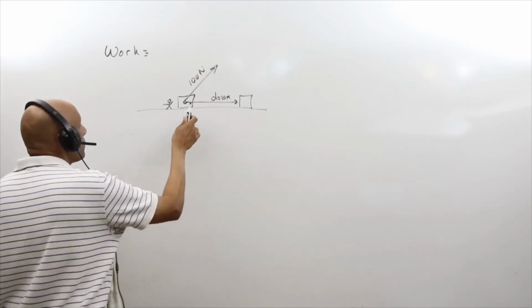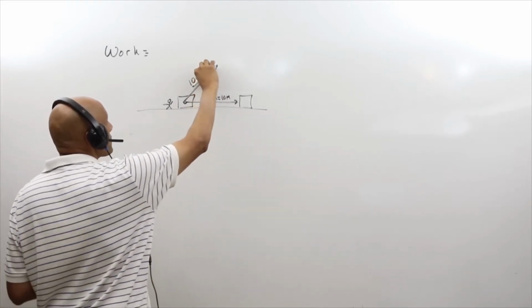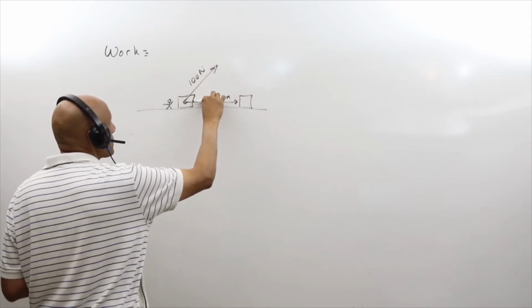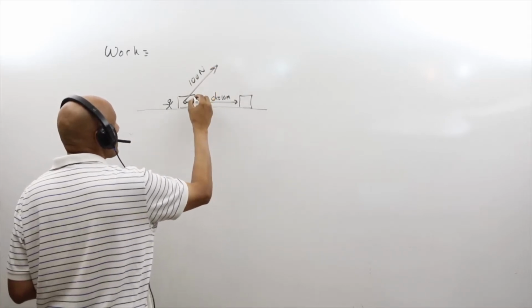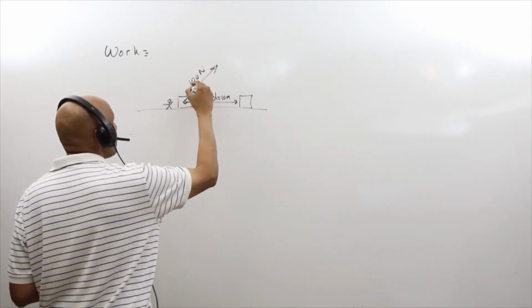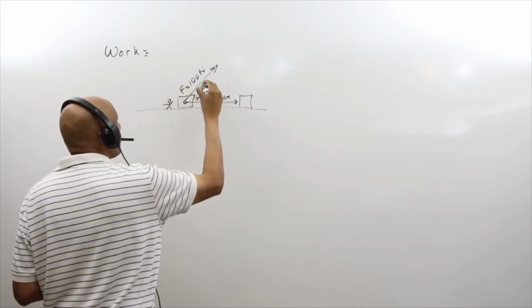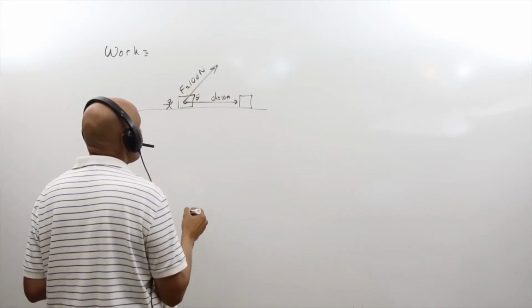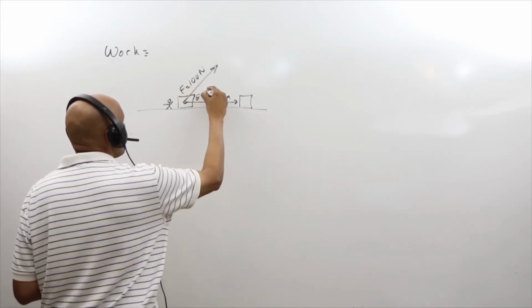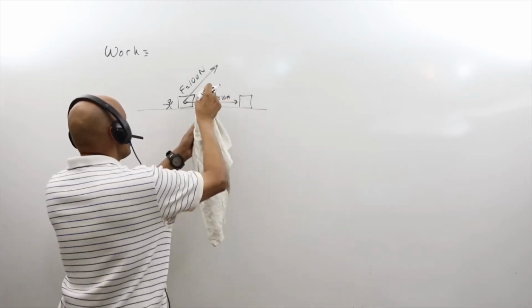Well, we have to find the component of the force that's projected along the line of the displacement. I'll call this angle theta between the force F and the displacement D, and we can give it a number. Let's say it's 60 degrees.